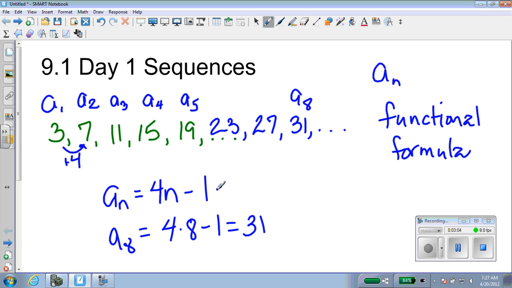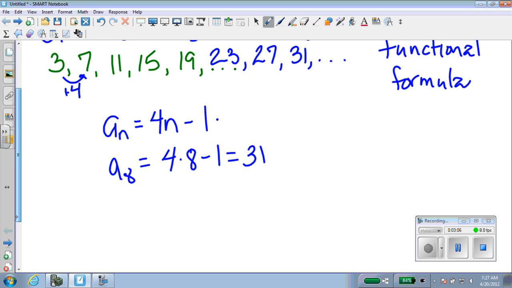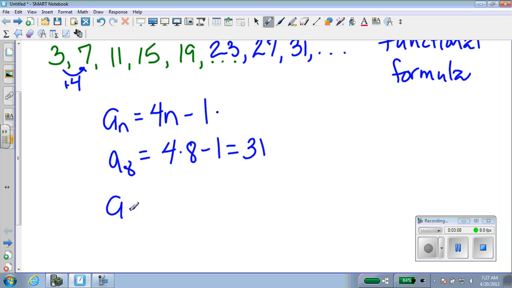And if someone said, what's the 50th term, I would say A sub 50, 4 times 50 minus 1, or 199. That's the benefit of a functional definition or formula. It allows you to go anywhere in the sequence at any time.